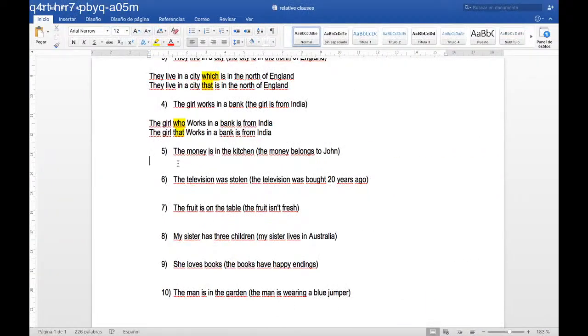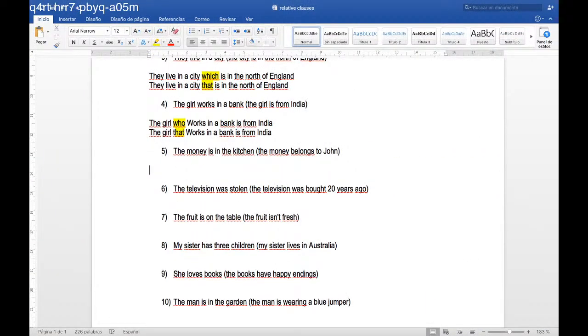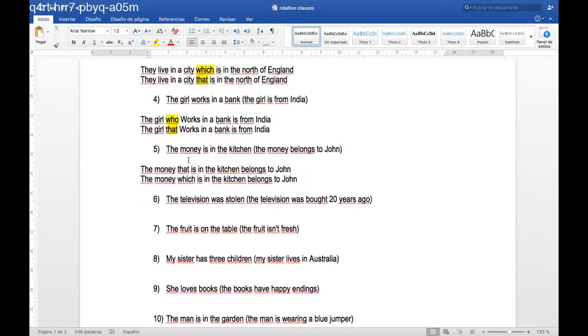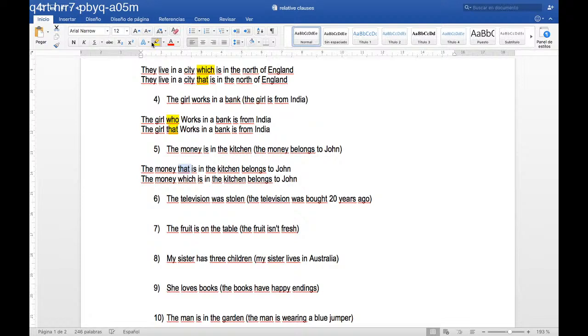So the possible answers will be: the money that is in the kitchen belongs to John. The money which is in the kitchen belongs to John. If you have different answers, you can tell me and we can check if it is correct or not. Okay, because I already, as I told you, received the homework, but we can check today, right?